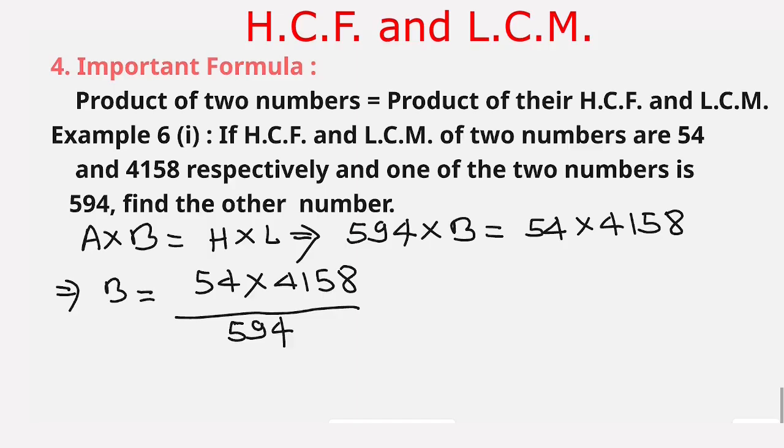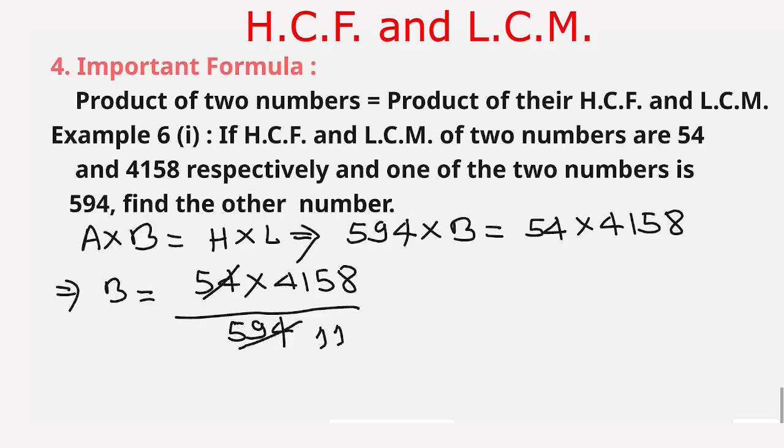As HCF is 54, it must divide 594. 54 times 1 is 54. 59 minus 54 is 5. We carry 4. So it is 54 again. So 54 divides 594 for 11 times.